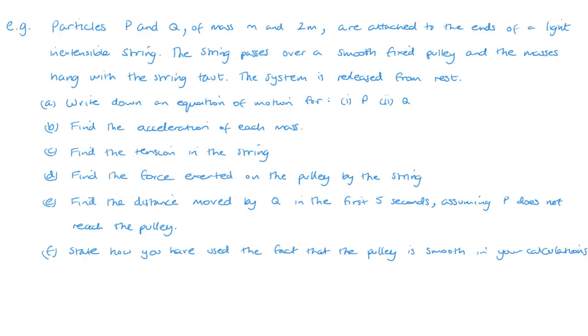Now, this kind of thing I'm going to miss out in the actual questions just to save myself time and space. I'm not going to repeatedly write the smooth fixed pulley and light inextensible string. You can assume that is true for each of the questions we do later on in this video. The system is released from rest.